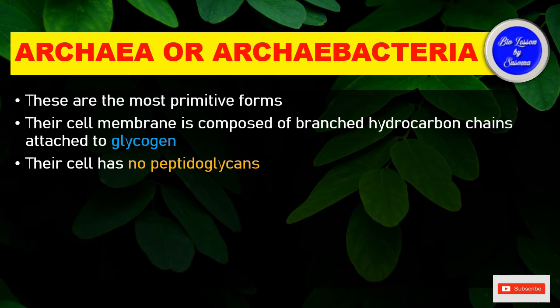Their cell has no peptidoglycans. Now what are peptidoglycans? Peptidoglycans are a component of the bacterial cell wall. So these peptidoglycans are the polymers which consist of sugars and amino acids.